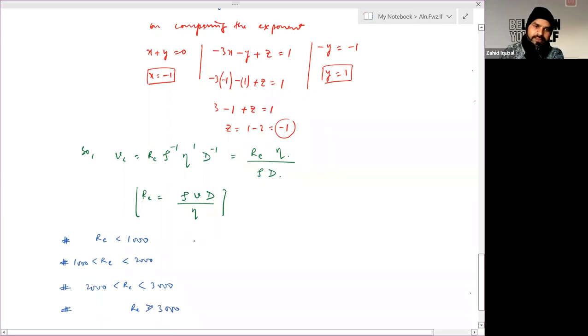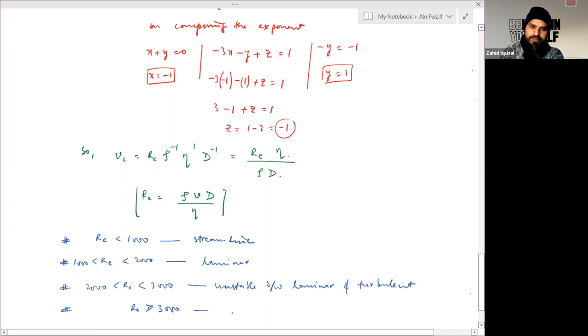So in the first part, it will be streamline, an ideal situation. In the second part, it will be laminar. In the third part, it will be unstable, between laminar and turbulent. And for greater than 3000, it will be turbulent.